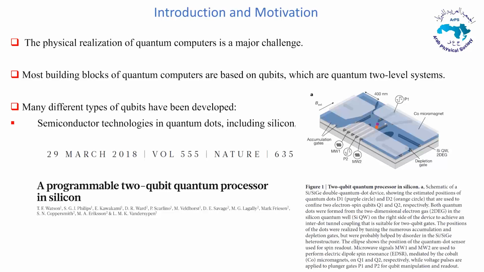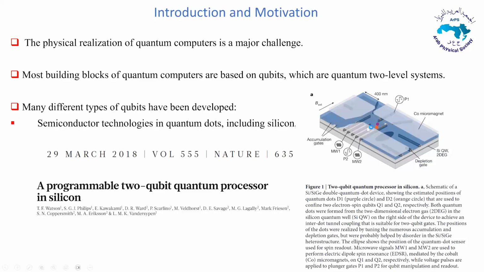Most building blocks of quantum computers are based on qubits, which are quantum two-level systems. Many different types of qubit have been developed, mainly using semiconductor technology, quantum dots, including silicon. As you can see here, for example, this is a programmable 2-qubit quantum processor in silicon.